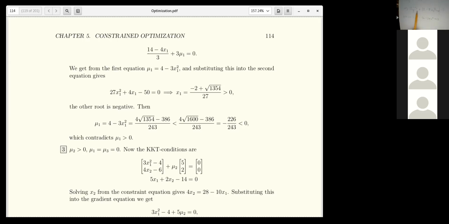So when you substitute this and multiply by 3 to get rid of the fraction, that's when you get this. Then you just rearrange and multiply by minus 1. That's where it comes from.